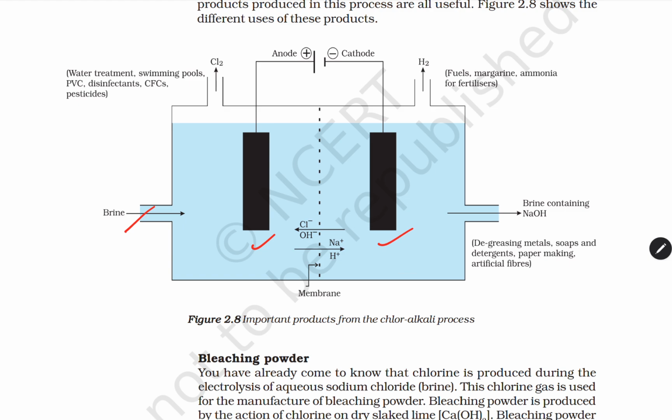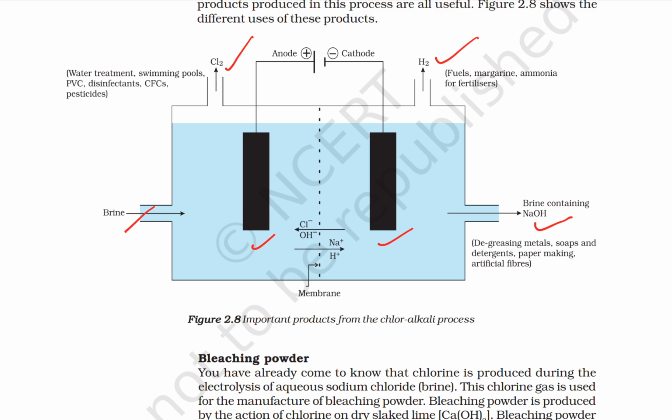Anode and cathode are kept inside this brine. After the reaction you can see the formation of NaOH, and chlorine gas is released and hydrogen gas is also released. These chemicals are further used to produce bleaching powder, PVC, disinfectants and many more.